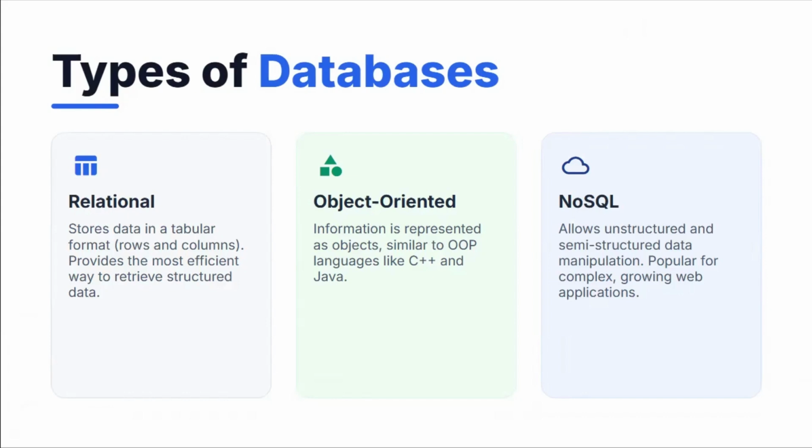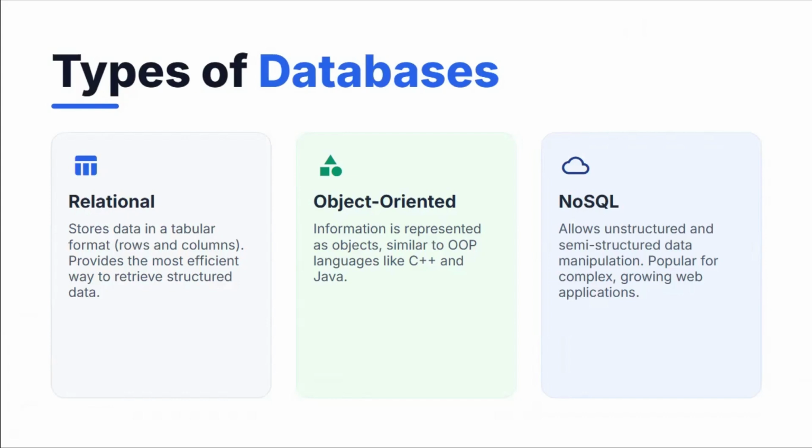Next comes the object-oriented database. People who have prior knowledge of programming languages such as C, C++, and Java might be aware of the various object-oriented programming concepts like abstraction, encapsulation, and all.